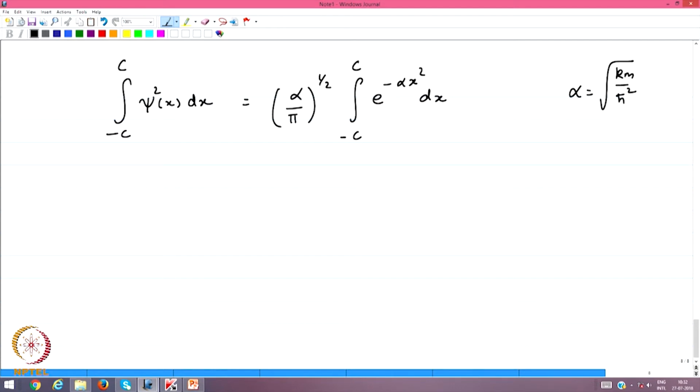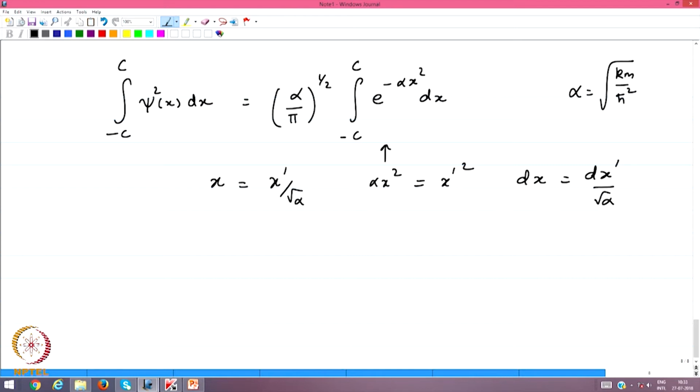Okay. These are the harmonic oscillator parameters. So, what you have is this, to calculate this integral, do a very simple transformation to say x prime such that it is x prime over root alpha, so that alpha x square becomes x prime square, and dx is dx prime by root alpha.